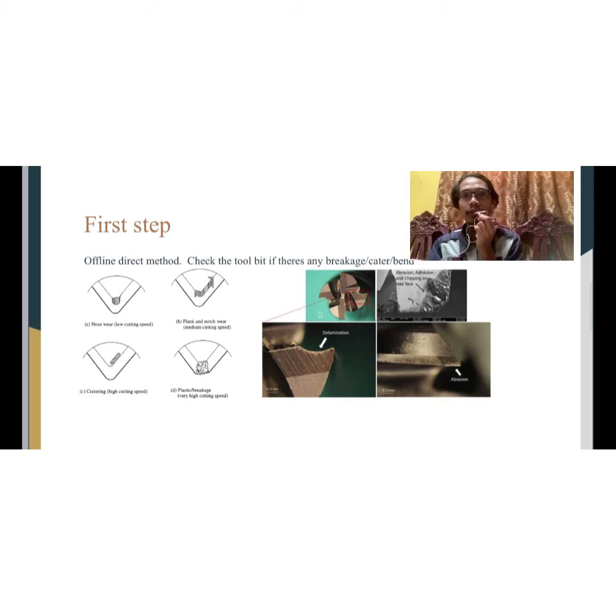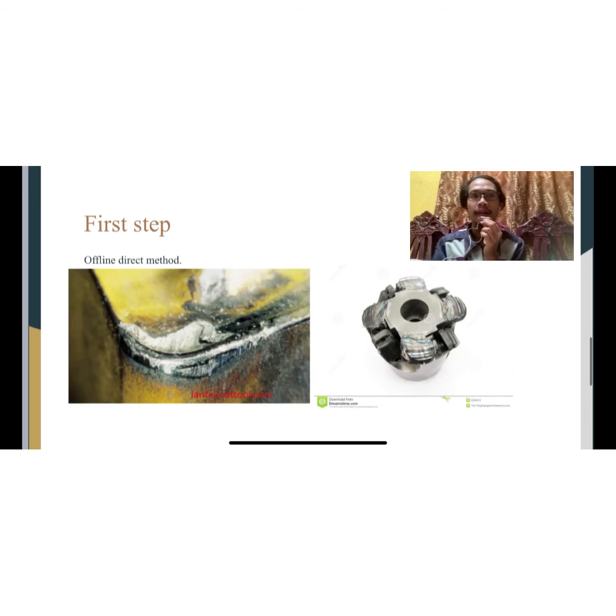This offline direct method can be used with optical measurement, which is to check the condition of the tool using an optical microscope. Then we can check whether the tool has chipping, breakage, notch, chatter, etc. This inspection process takes a long time, and the machine has to go to an idle state, which can cause the time to be longer than expected.